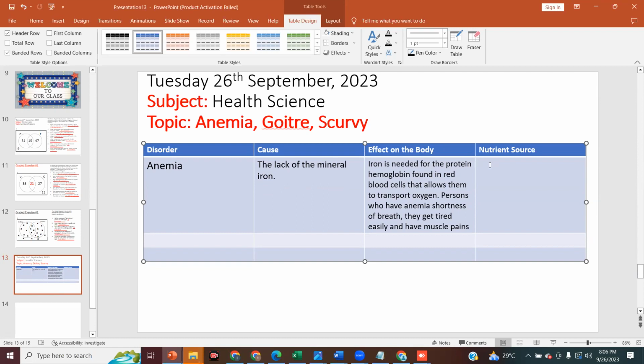The reason why is because you're not getting enough oxygen into your muscles. And when you stop, then the muscle pain will stop.